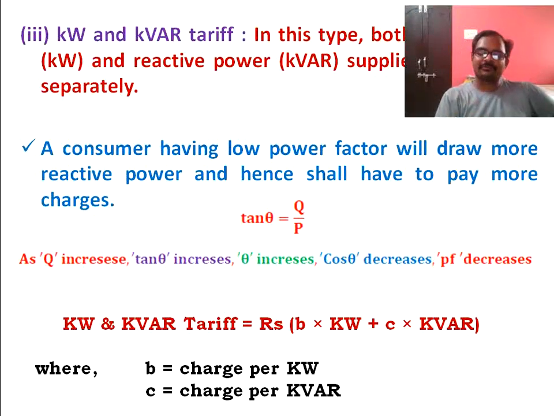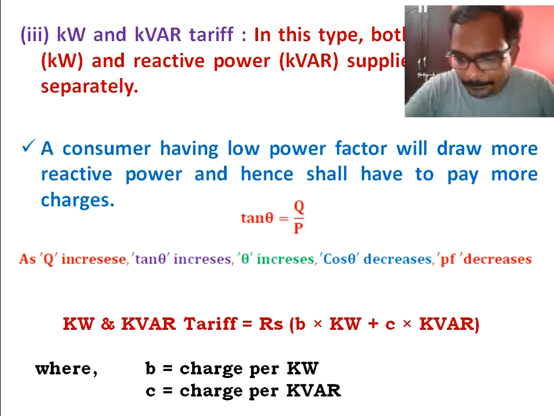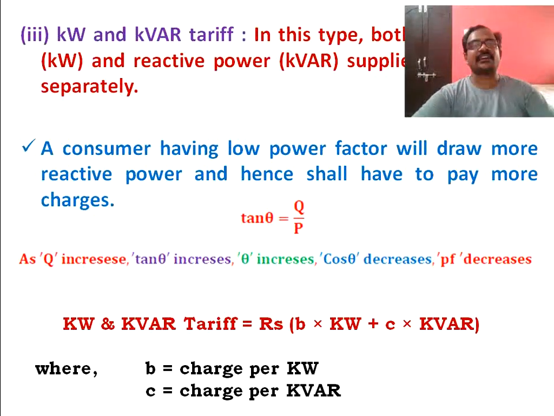In the previous case, when my power factor is 0.9, I am paying only 60 rupees towards the kVAR. But if the power factor is 0.8, my Q is increasing and I am paying more towards the kVAR. In this way, I am penalizing the low power factor of the industry. So these are all the power factor tariffs. Thank you.